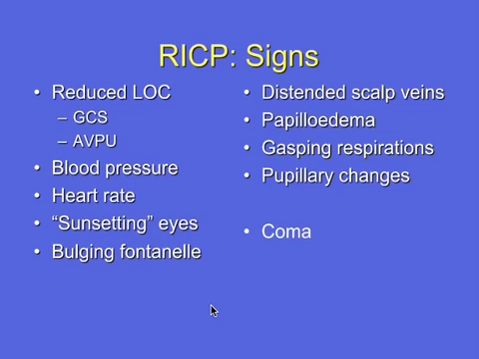The signs are reduced level of consciousness, an increase in blood pressure, a reduction in heart rate, sunsetting of the eyes, bulging fontanelle, distension of scalp veins. Eventually you may get papilledema, eventually you may get gasping respirations, and you may well get pupillary changes, and of course coma is the end result of that.